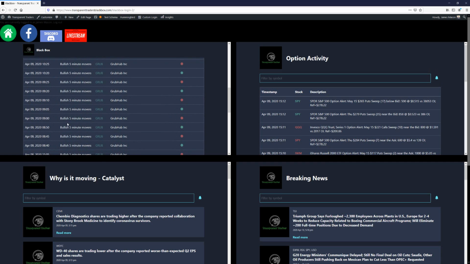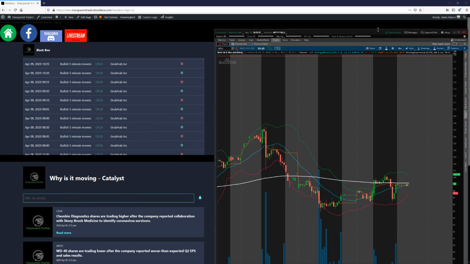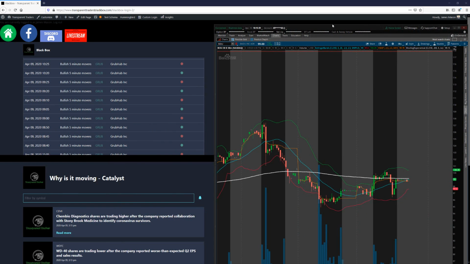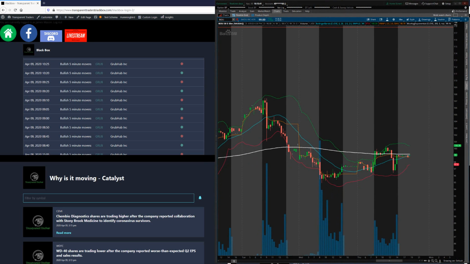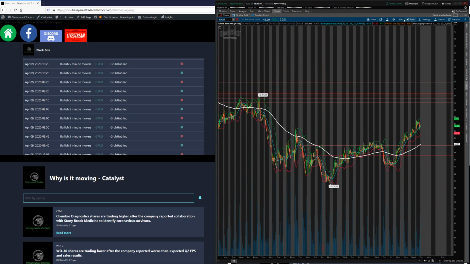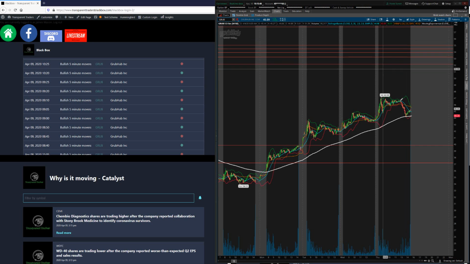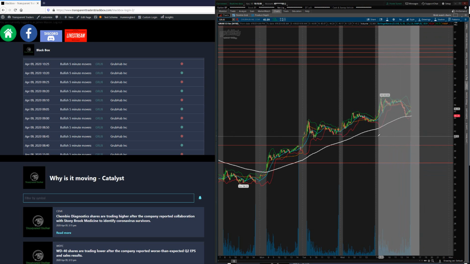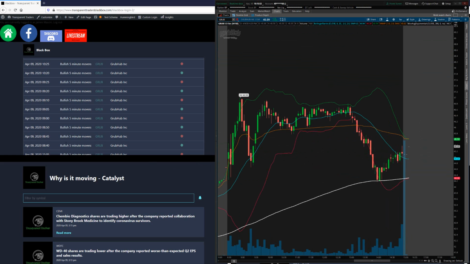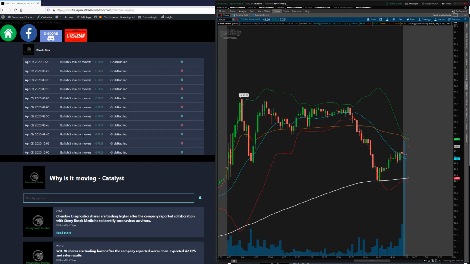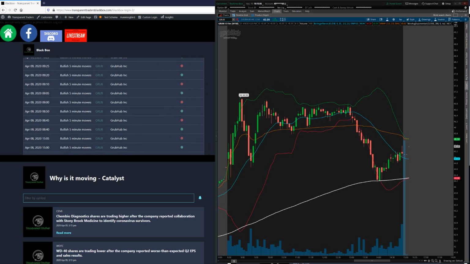So we can pull up ticker GRUB right here. Let me pull the chart over. I'm going to put it on the 5-minute chart. And you can see where I just scrolled back to the beginning of the day here.